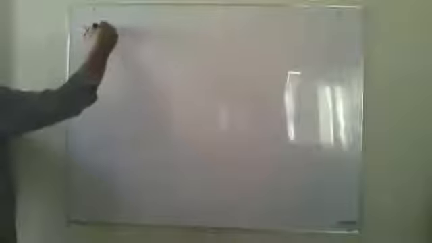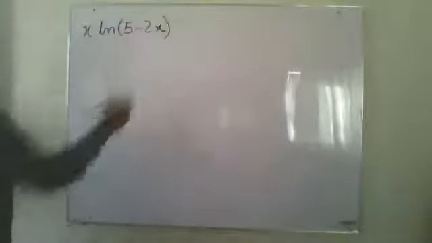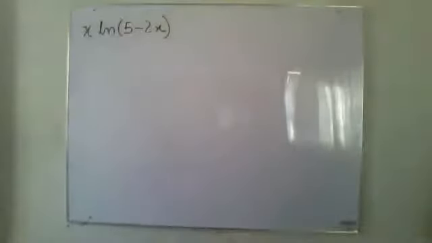So now I'm going to solve one of the log questions with product law, so you can understand how to solve that part. x ln 5 minus 2x. You will observe your question, what type of question is given, and you will see there are two functions and there is no sign in between them, so it means they are in the product form.